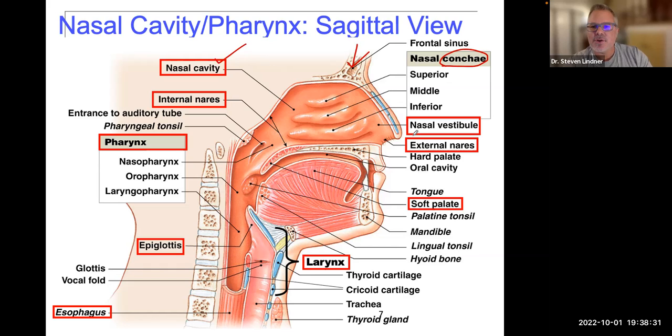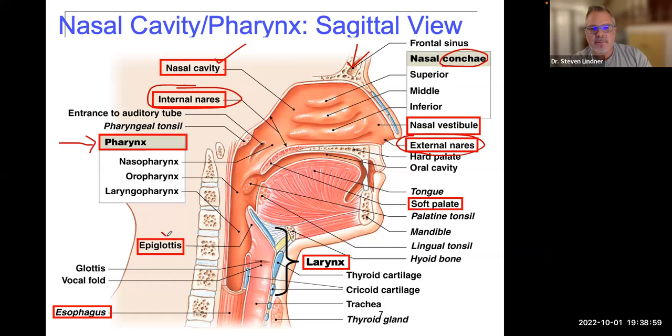We have our external nares here, and we have our internal nares back here, close to the nasopharynx. So when you look at the pharynx right here, you can see the three different flavors: nasopharynx, oropharynx, and laryngopharynx. When it's behind the nose, nasopharynx. When it's behind the mouth, oropharynx. And when it's behind the larynx, laryngopharynx.